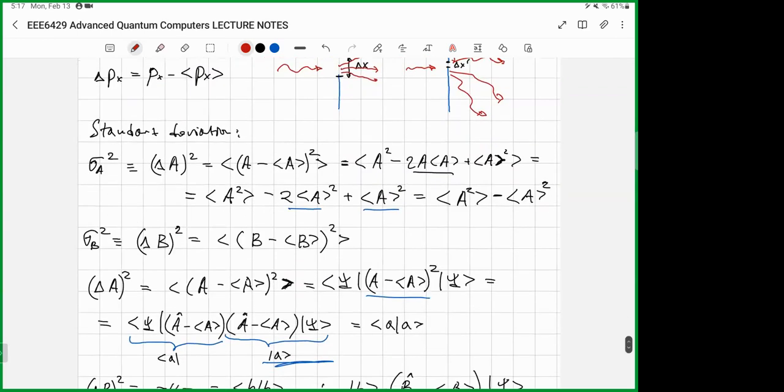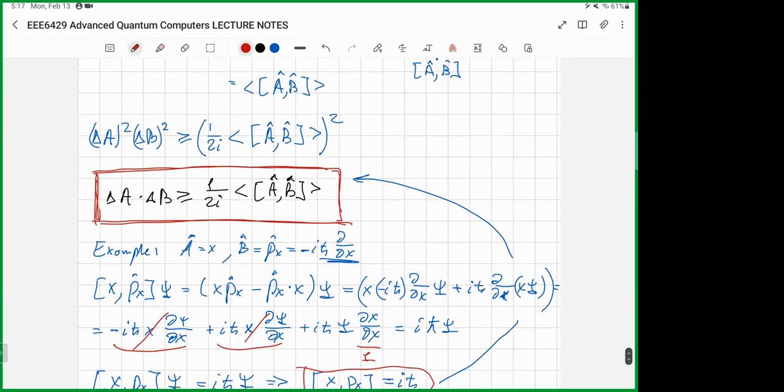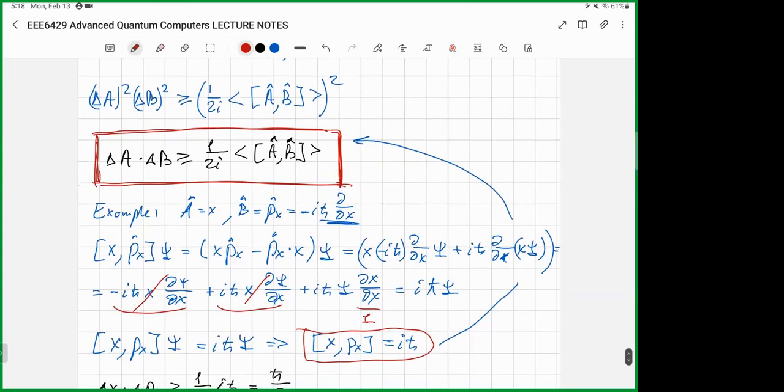The uncertainty relation, as we derived in the general case, tells us that the product of two uncertainties in two quantities, A and B, is always larger than or equal to 1 over 2i times the expectation of the commutator of two operators.